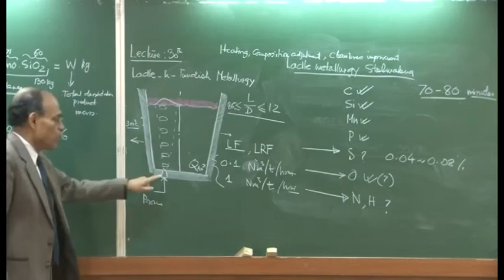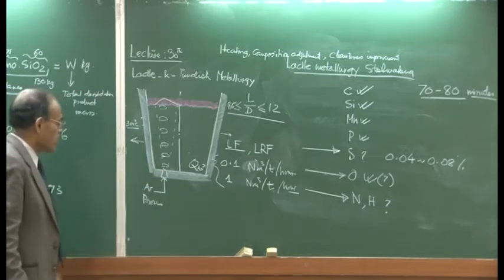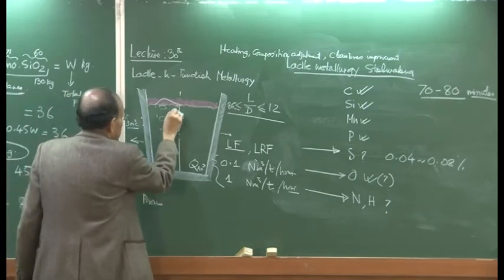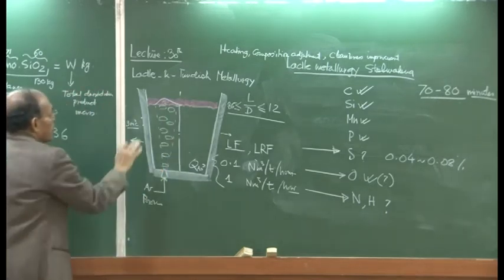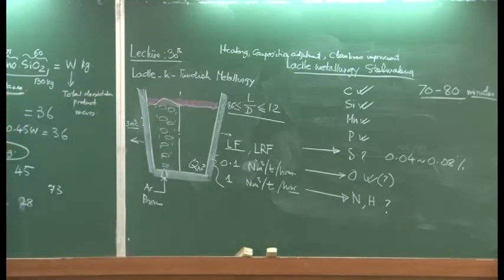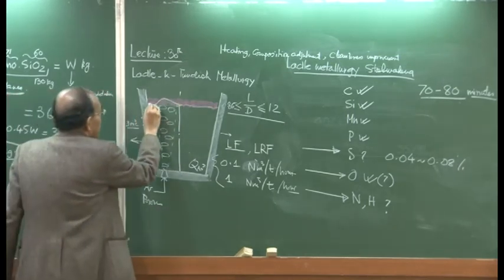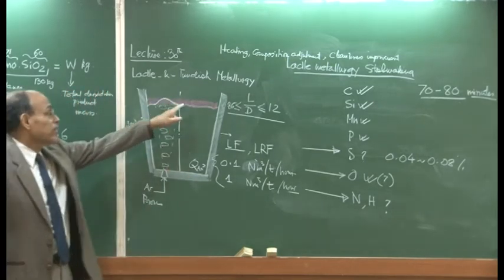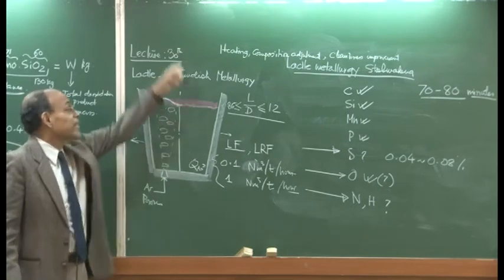There is a reason for putting the plug here, that will be obvious to you, and these are the argon bubbles which are rising through the metal. So, we have no slag here. This part is called the slag eye. The slag, as I have indicated, has several functions. The slag will protect against radiation loss.